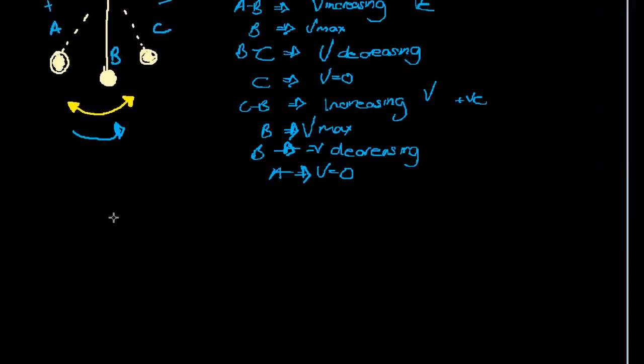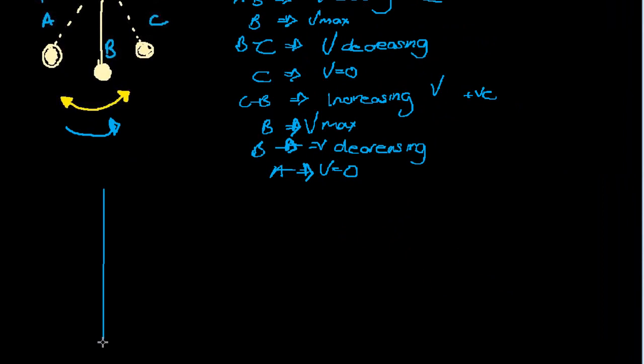Now let's put this information into a graph. If I draw the axes here, velocity against time.